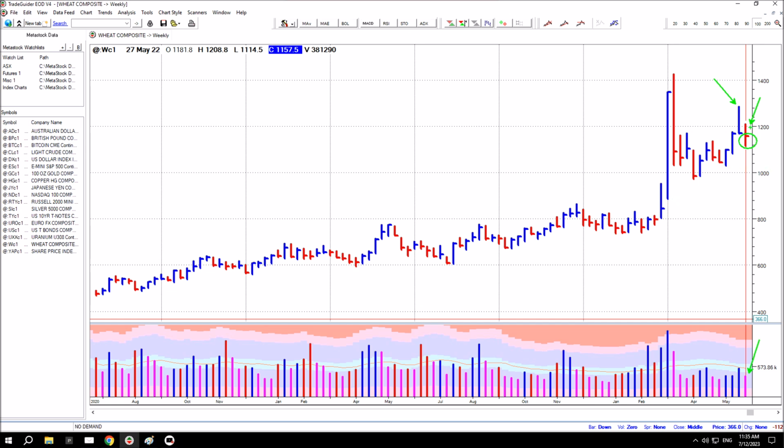That probably allowed price to pop up, but it did close back in the middle. So it wasn't a great test for supply, but there would have been some testing for supply in there, and it appears that selling pressure wasn't present, at least on that bar, for that bar's period of time, which is 1 week.